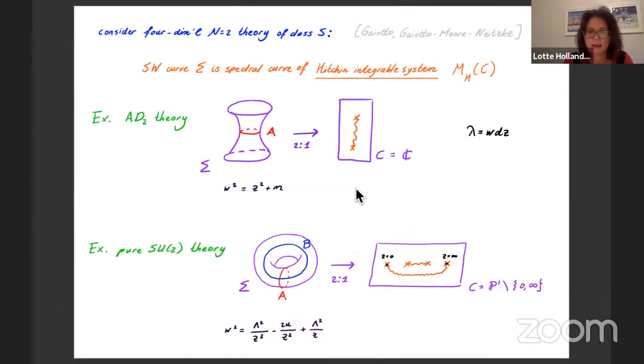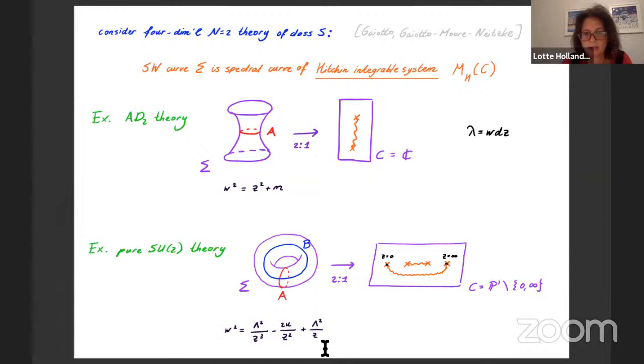The second example that will play an important role is the original Seiberg-Witten theory, the pure SU(2) theory, whose Seiberg-Witten curve in this choice of coordinates z and w has an equation of the form below.